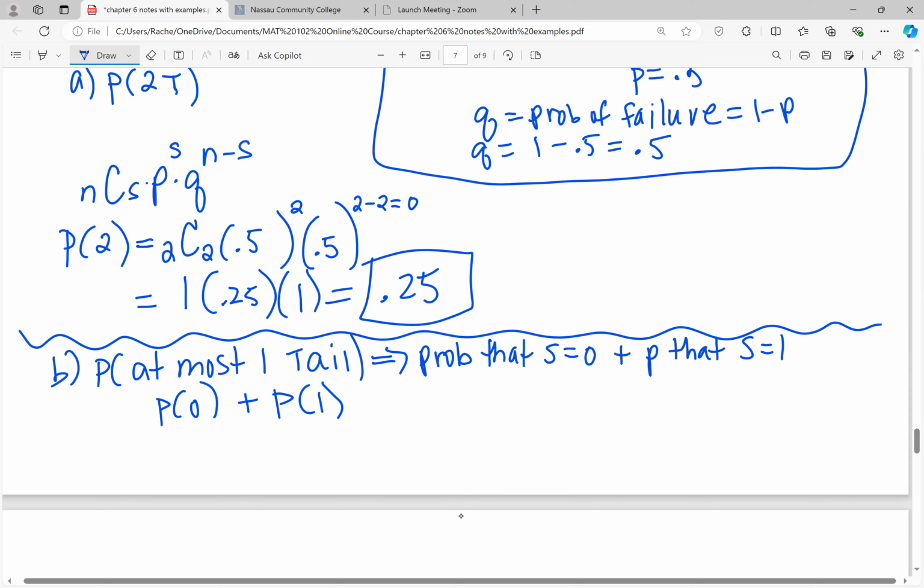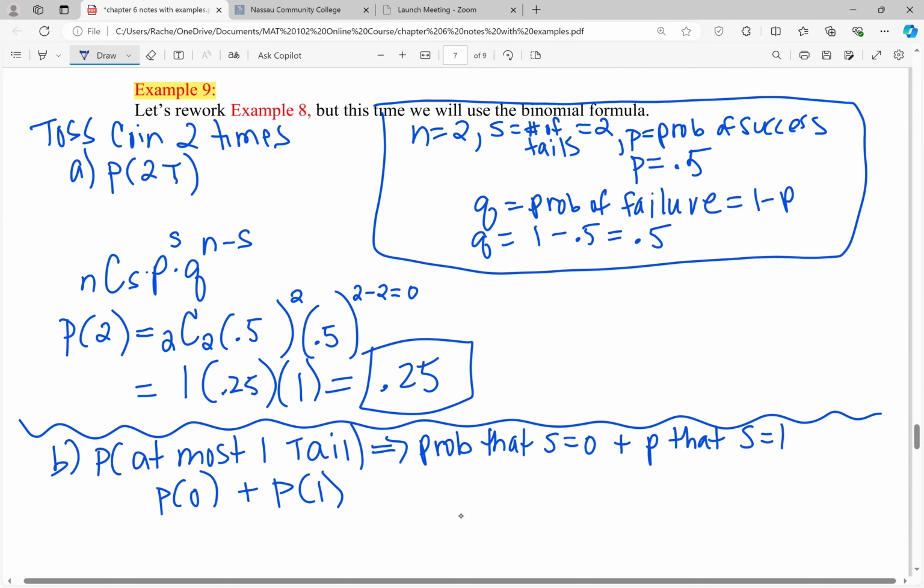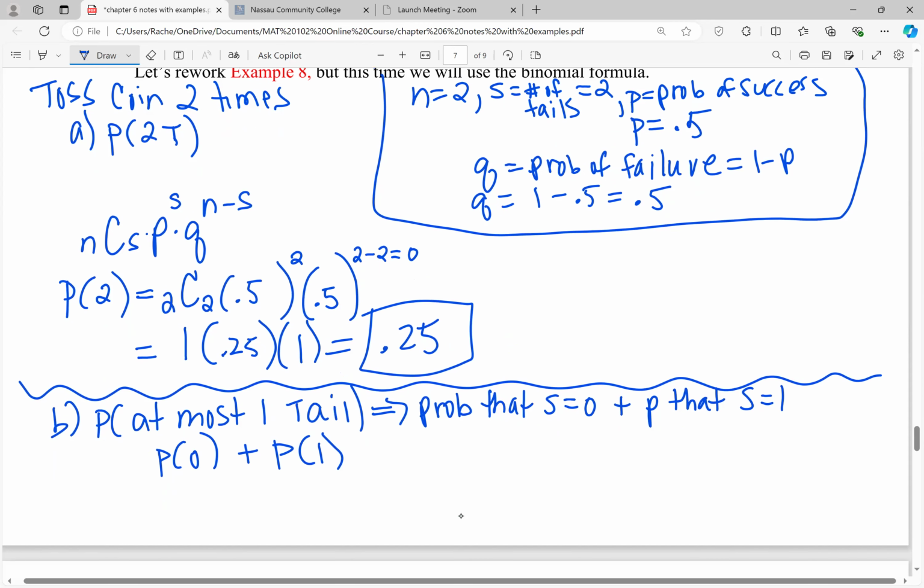So let's plug in the formula for when S is equal to 0. So we're going to have N choose S. So N is still equal to 2. The number of trials doesn't change. So we're going to have 2 choose now S, the number of successes, which is 0 in this case. So 2 choose 0, times P to the S. So all I'm doing is following my binomial formula.